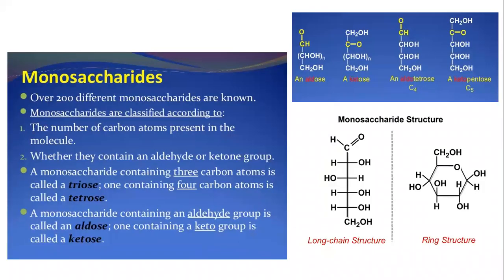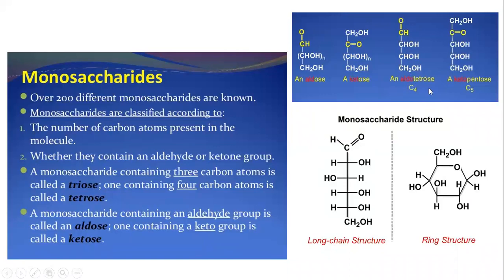In this slide, I have described the molecular structure of carbohydrate monosaccharides, where I clearly depict that the long chain monosaccharide can undergo ring structure formation. The presence of an aldehyde or keto group in the monosaccharide unit gives the name aldose and ketose, and the number of carbon atoms also gives the name.